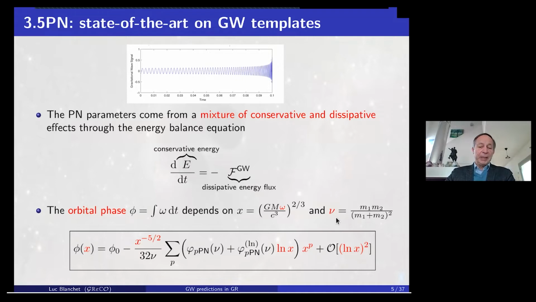And so you will have typically a post-Newtonian expansion.